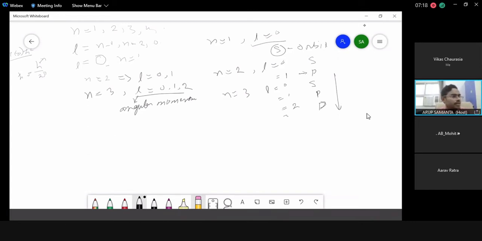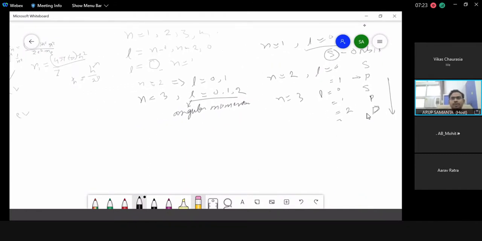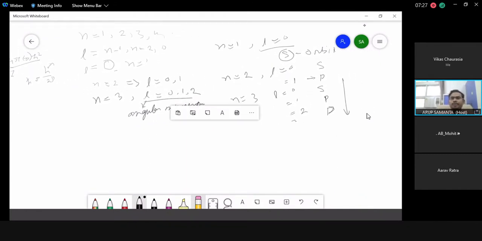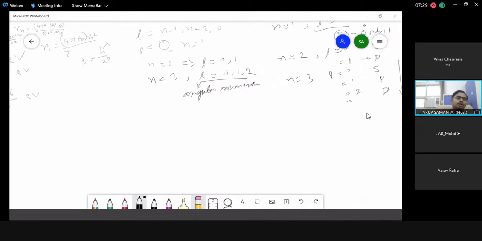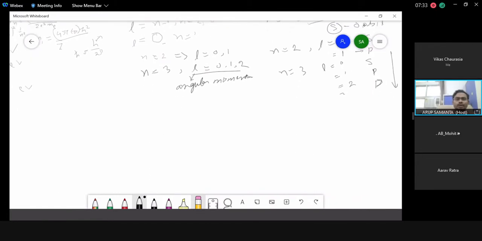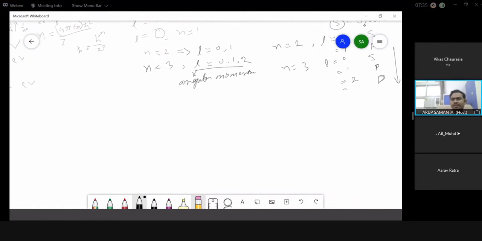In my previous class, last day we stopped at the distribution of the quantum numbers of an atomic system. As per the hydrogen-like atom or the Bohr formula, for n equal to 1, l should be 0.